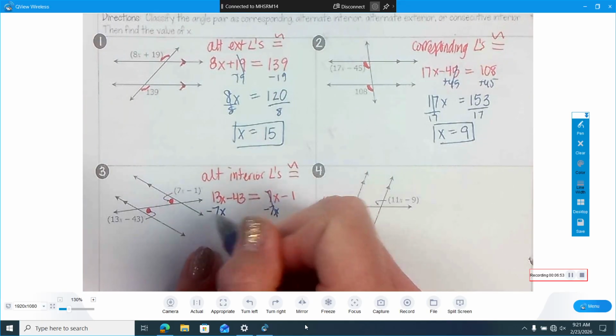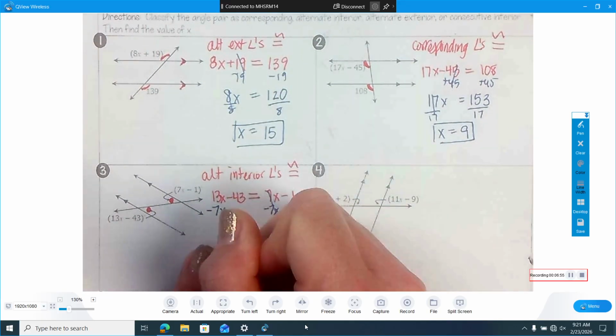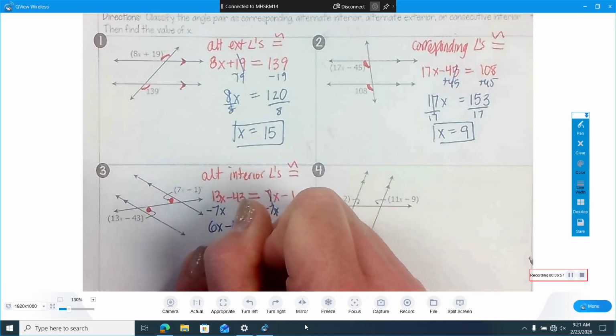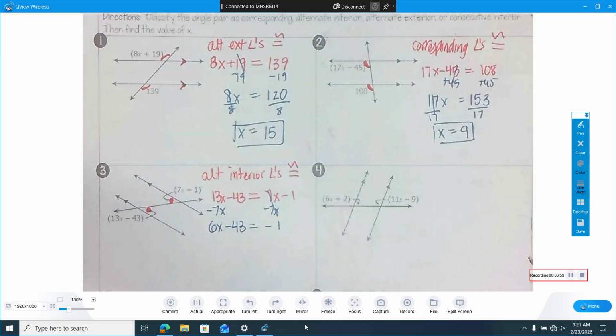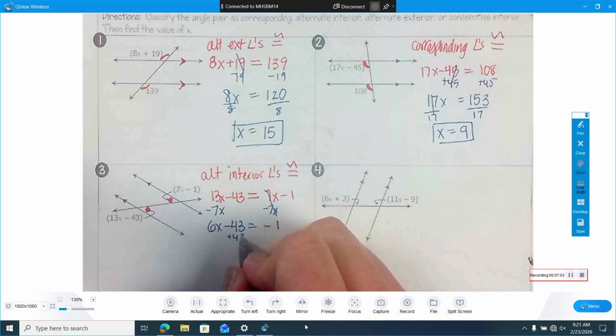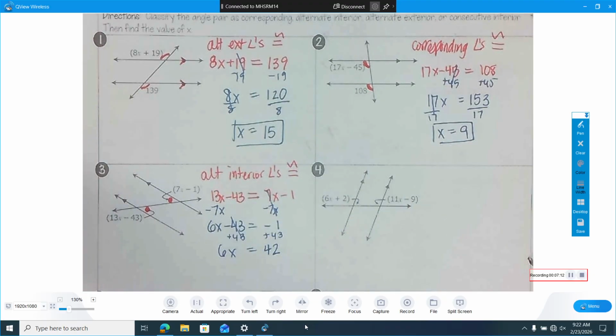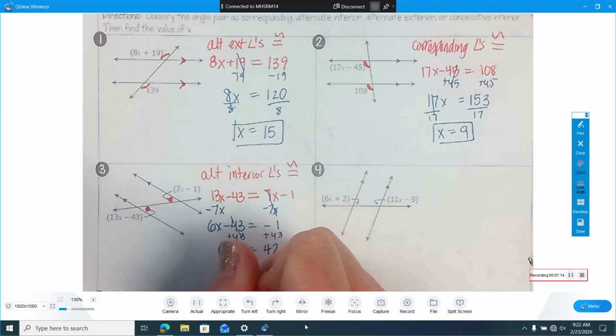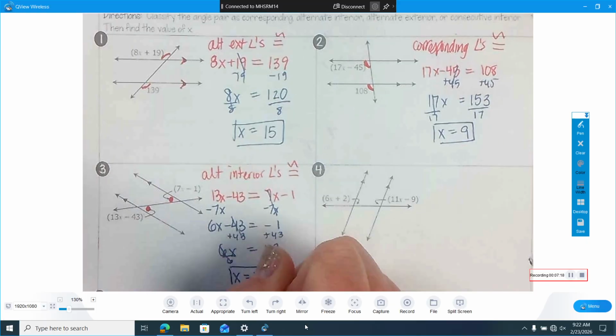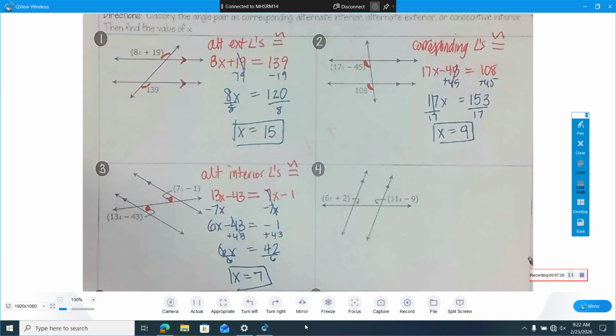So 13x minus 7x is 6x, minus 43, equals negative 1. Add 43 to both sides. So I have 6x equals 42. Very good. And then divide by 6. So x equals, beautiful, 7.